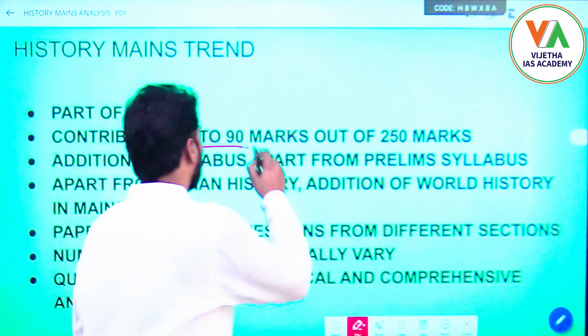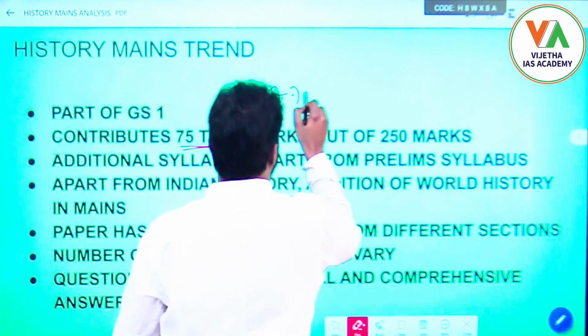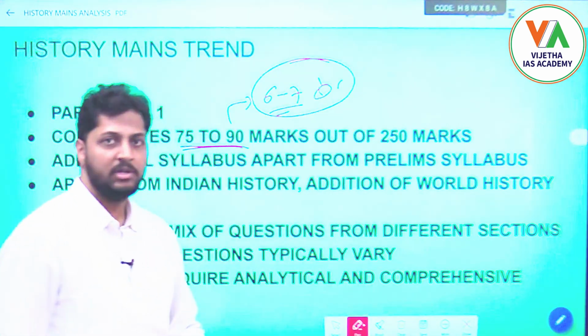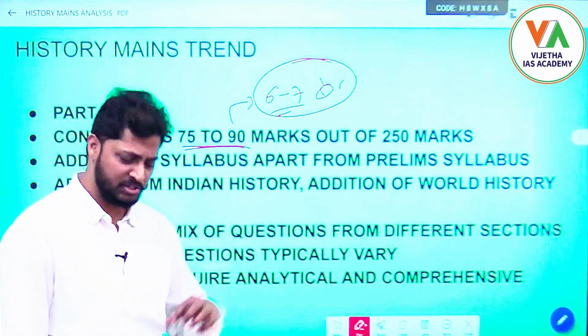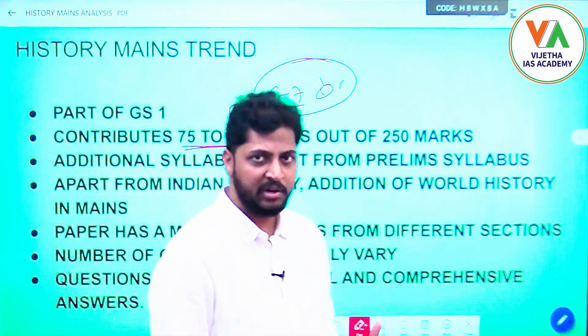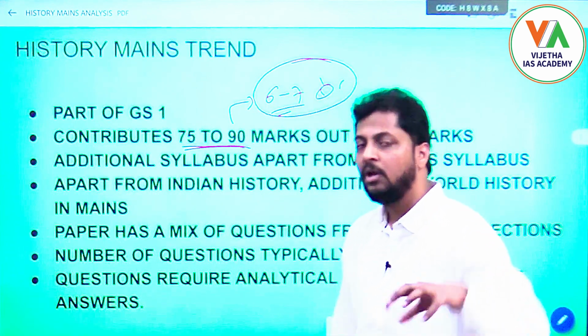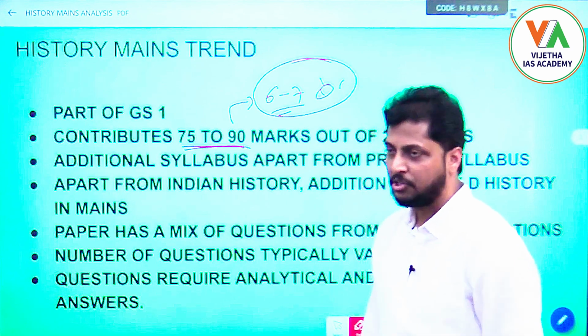In that, we can say nearly 6 to 7 questions will be asked from the section of history itself, which includes ancient India, medieval India, modern India, post-independence and world history as well, which includes art and culture, right.